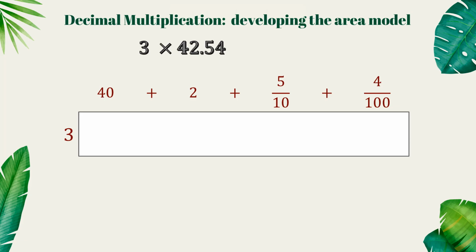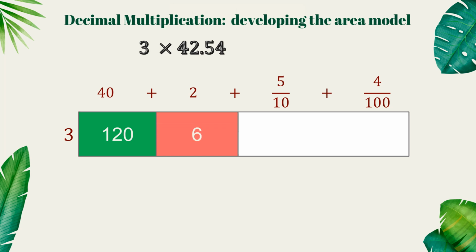Then we are looking for the area of each sub-rectangle. So 3 times 40 is 120. 3 times 2 is 6. 3 times 5 tenths, 3 groups of 5 is 15, so 3 groups of 5 tenths is 15 tenths. 3 groups of 4 hundredths is 12 hundredths.